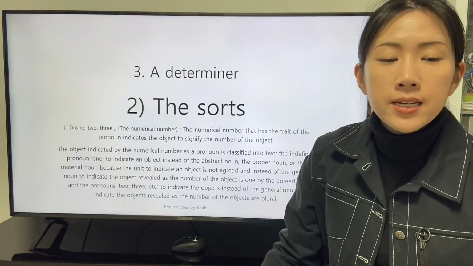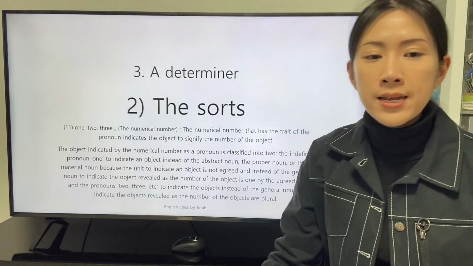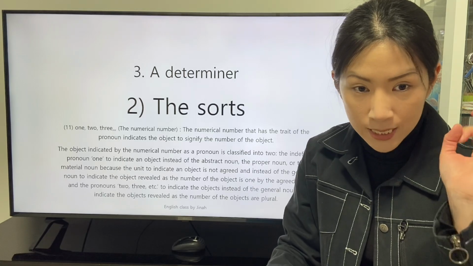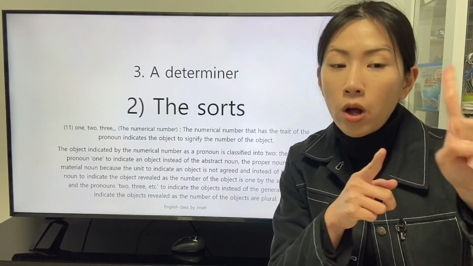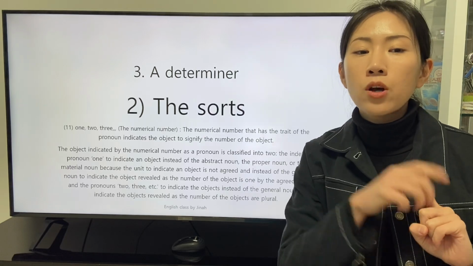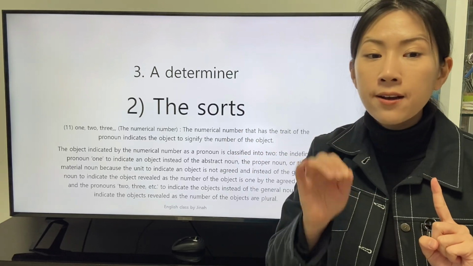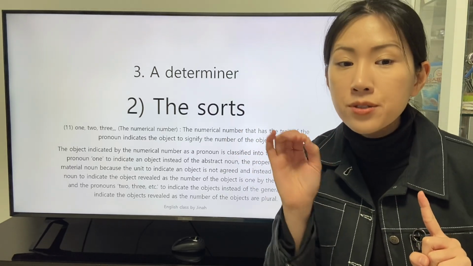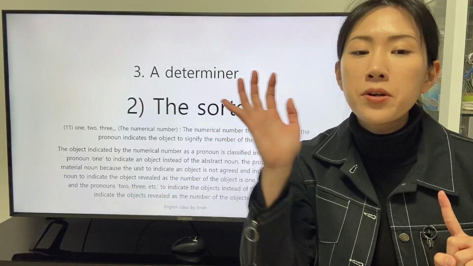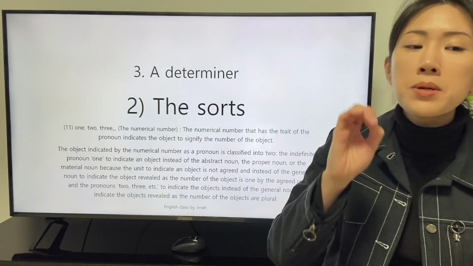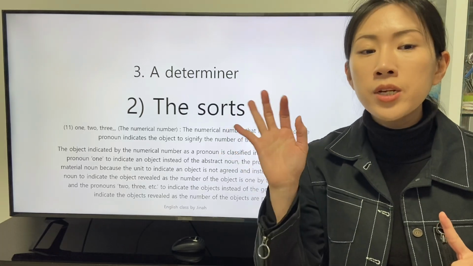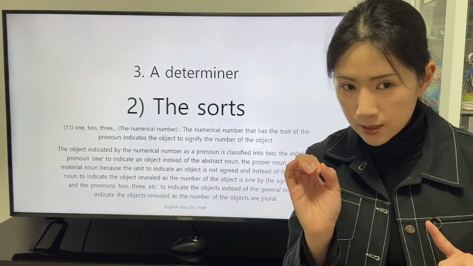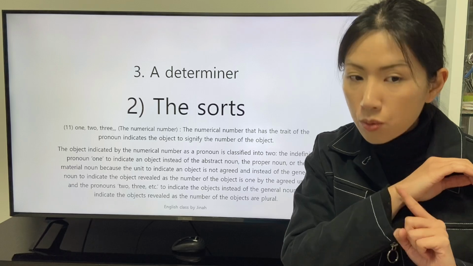The object indicated by the numerical number as a pronoun is classified into two. The indefinite pronoun one to indicate an object instead of the abstract noun, the proper noun, or the material noun, because the unit to indicate an object is not agreed.